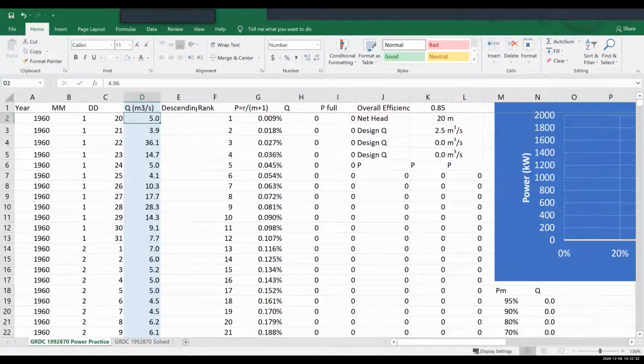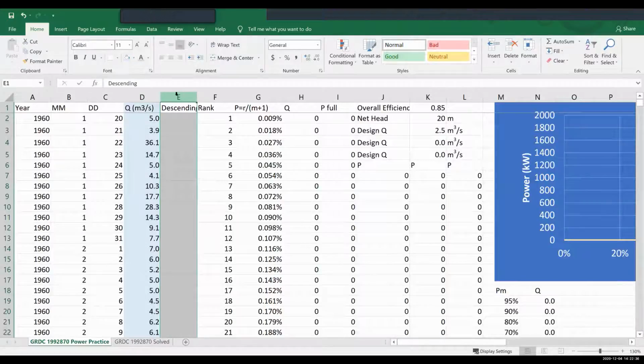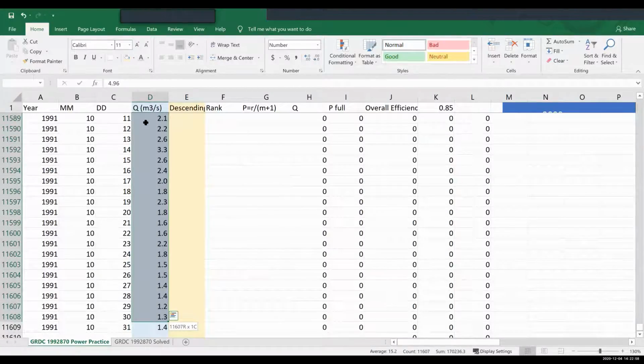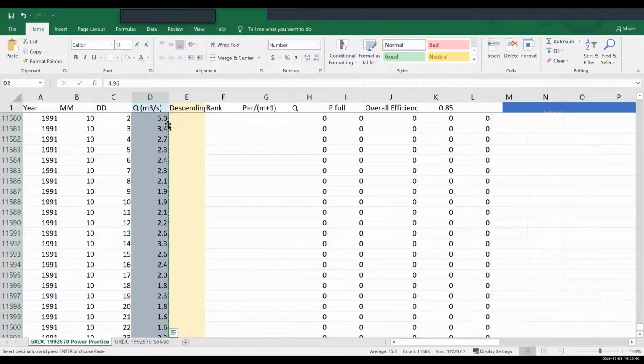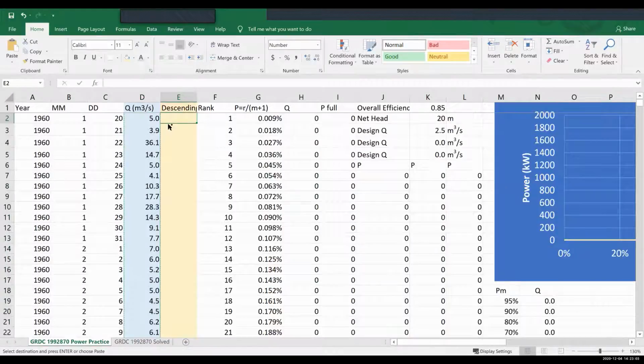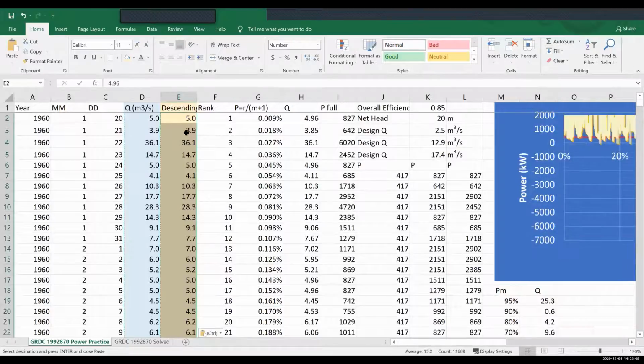To do the flow duration curve, I have to arrange this data into descending order. So what I have to do is copy this data from the beginning to the end, and put it in this form.